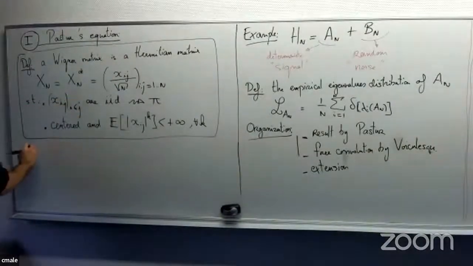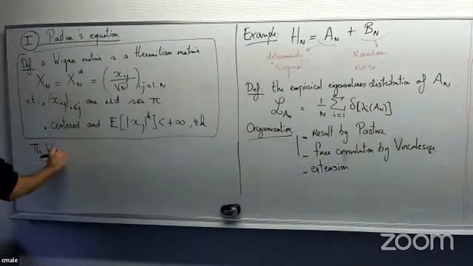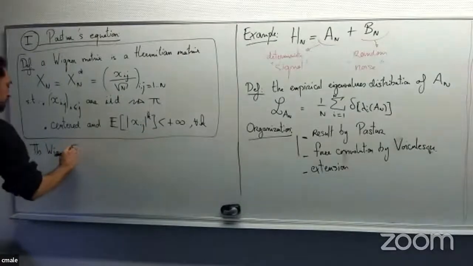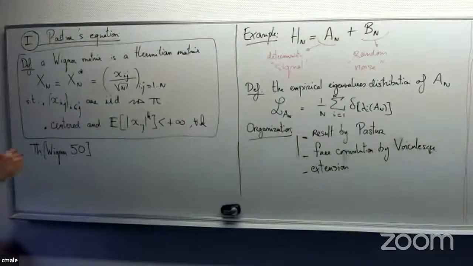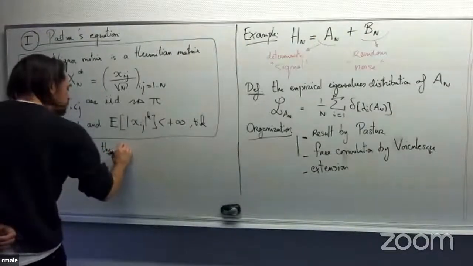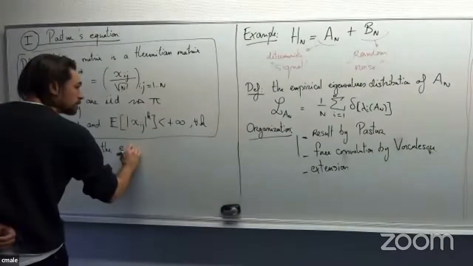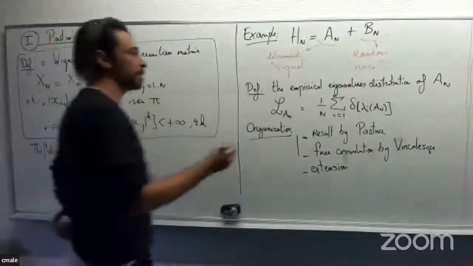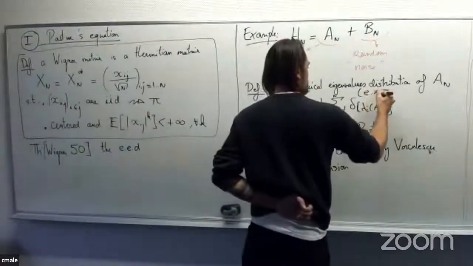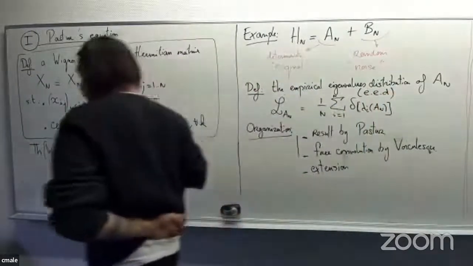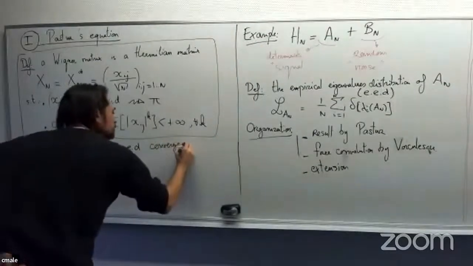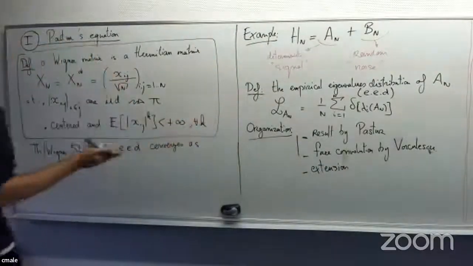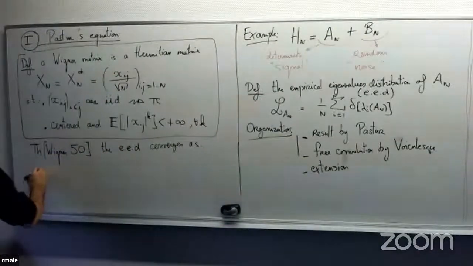Okay? So we have a theorem which is due to Wigner from the very beginning of the theory of random matrices, which tells that the empirical eigenvalue distribution, so this guy, converges almost surely and in probability to the semicircular distribution.